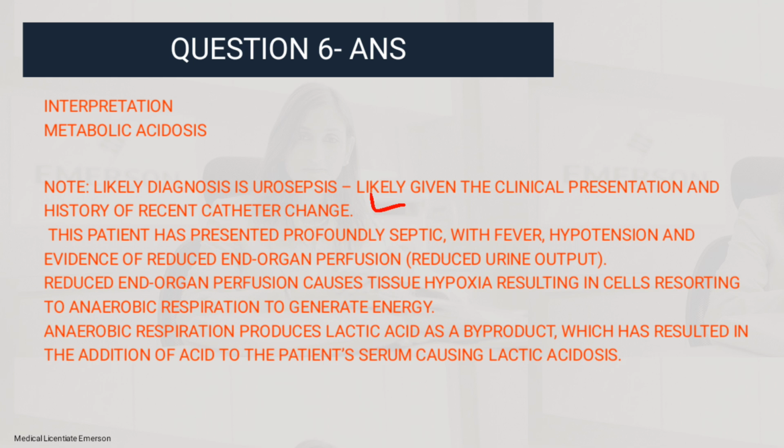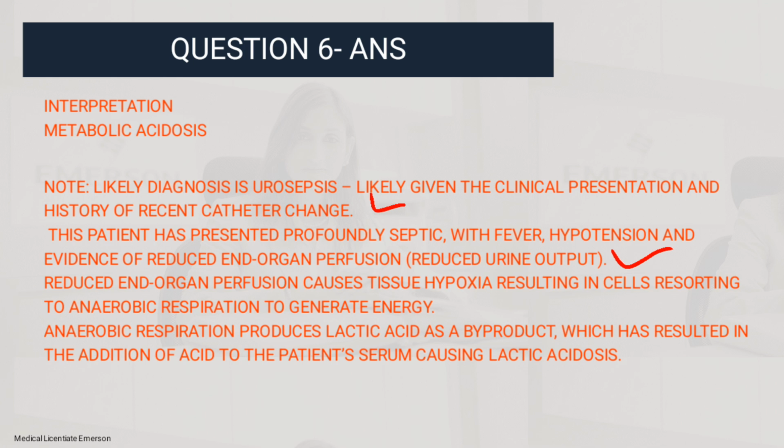So this patient has presented profoundly septic, with fever, hypotension, and evidence of reduced end organ perfusion, such as reduced urine output. Reduced end organ perfusion causes tissue hypoxia, resulting in cells resorting to anaerobic respiration to generate energy.